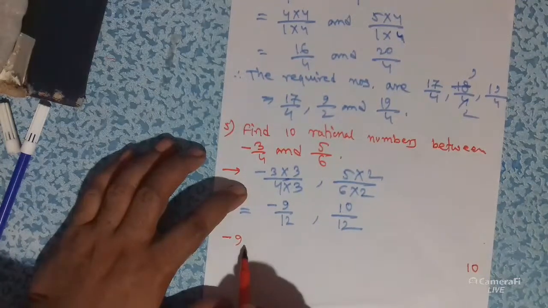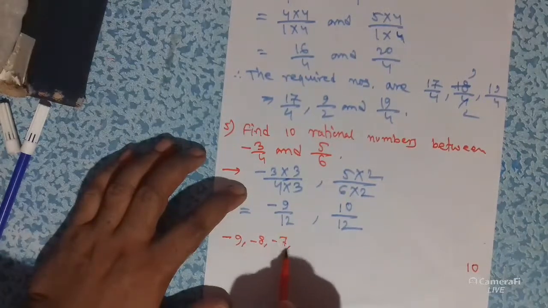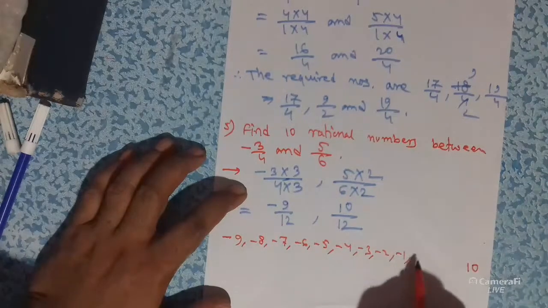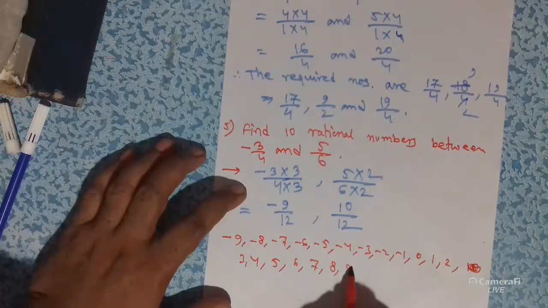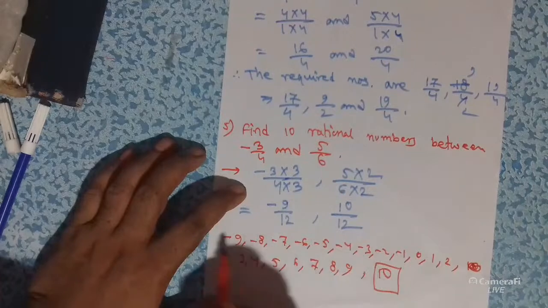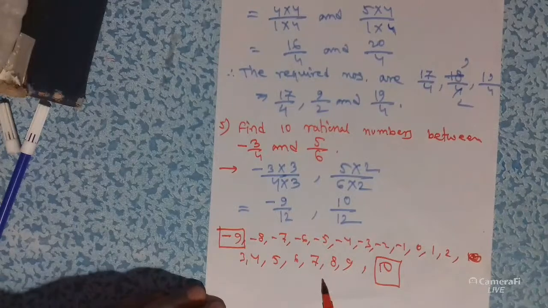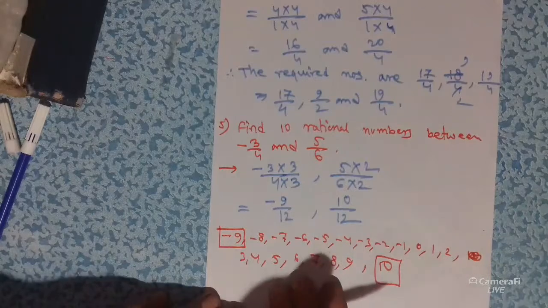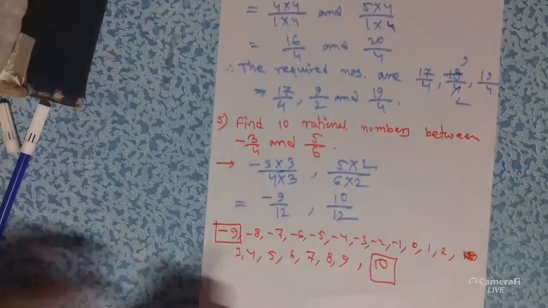After -9 it will be -8, -7, -6, -5, -4, -3, -2, -1, 0, 1, 2, 3, 4, 5, 6, 7, 8 and 9. So in between -9 and 10 there are more than 10 numbers. So we can take any 10 numbers out of this.